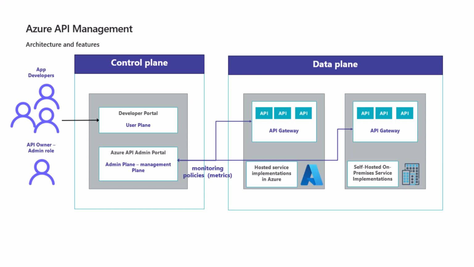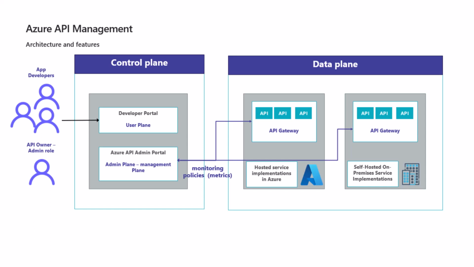As you can see here, we have the control plane and the data plane. The API gateway is inside the data plane, and we understand how it works. The administrative portal and developer portal are in the control plane. The administration portal functions as the policy administration point within the control plane.